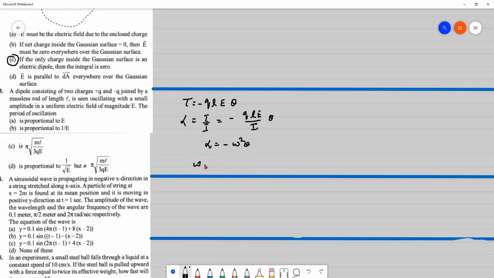So omega should be equal to square root of QLE by I. So time period should be equal to 2 pi by omega, so that should be equal to 2 pi times square root of I divided by QLE.